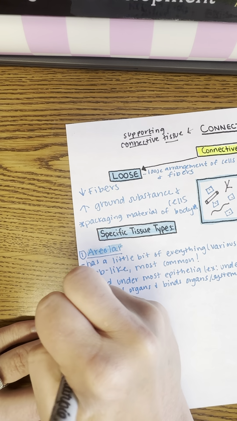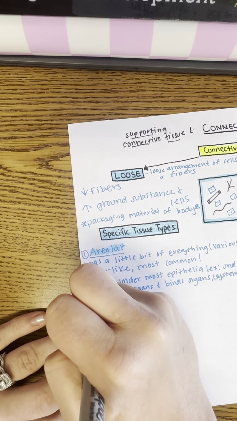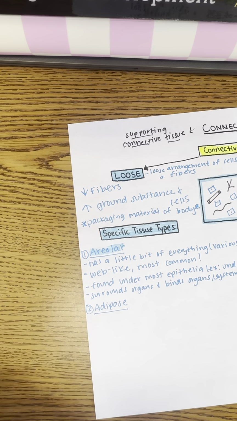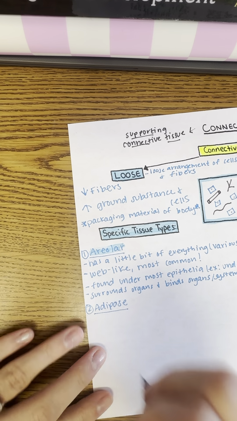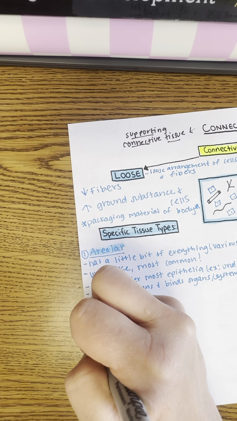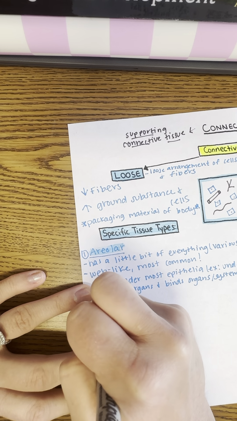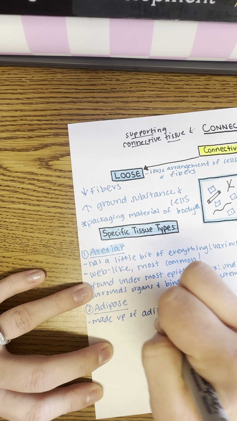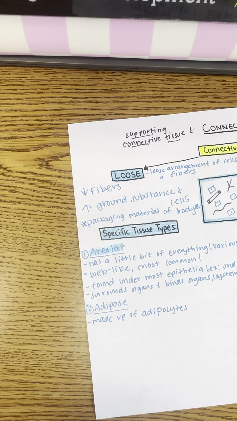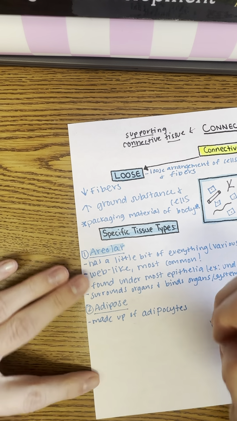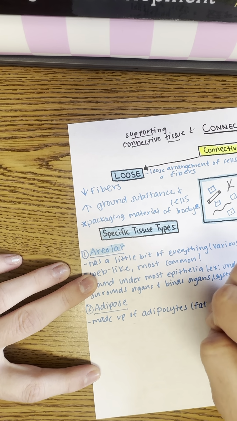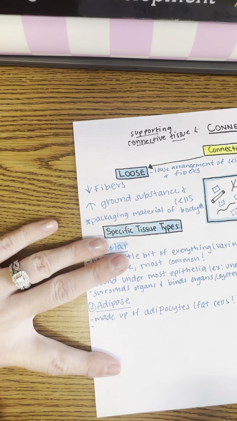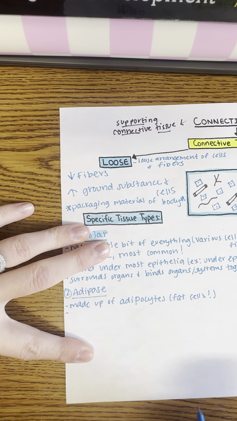Our second type is going to be adipose tissue. Adipose tissue is made up of adipocytes. So adipo refers to fat and cyte means cell. So these are fat cells. We have this tissue for cushioning and energy.